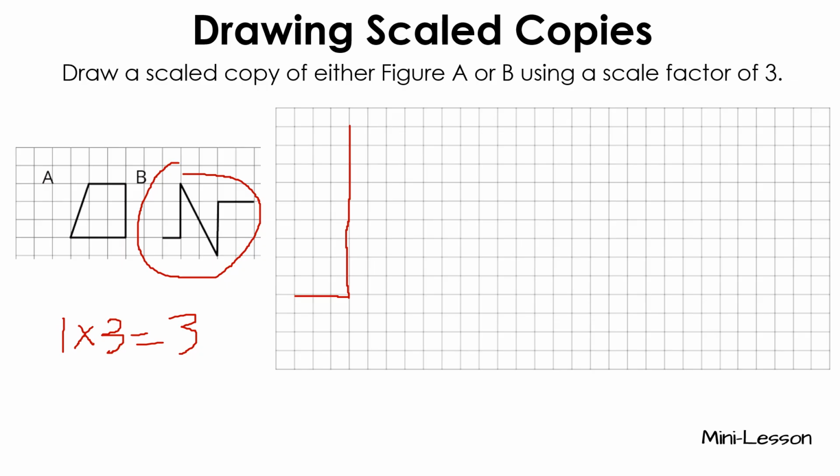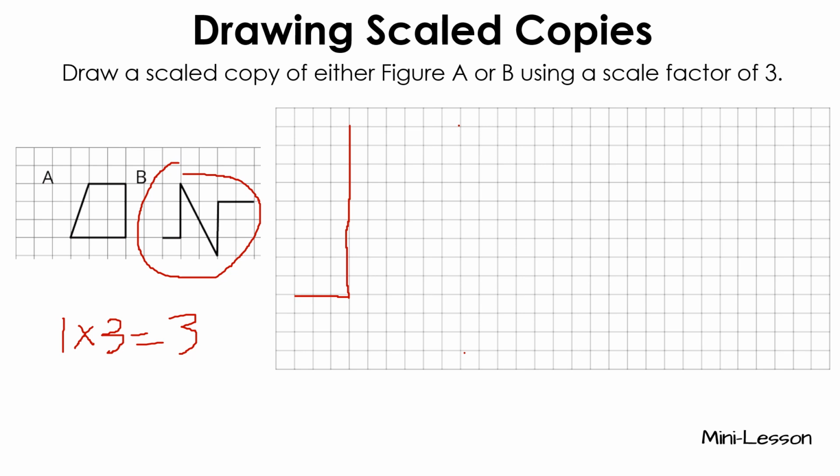So I'm going to go over first 1, 2, 3, 4, 5, 6. I'll put a dot here just to let me know. And then it has to cover from here 12.